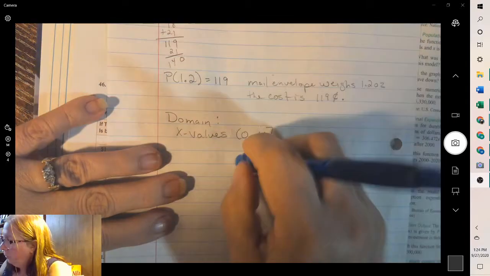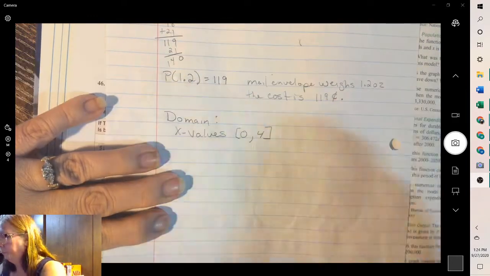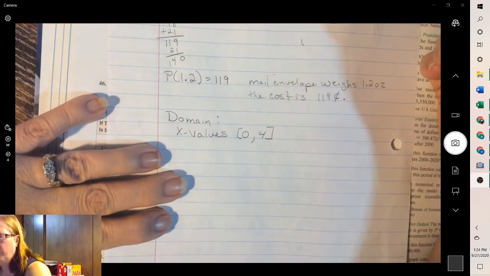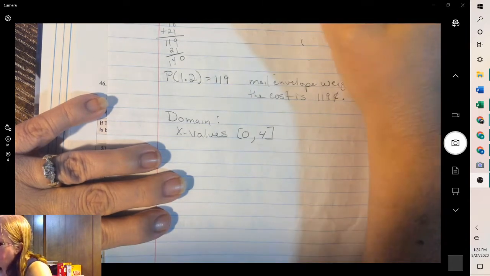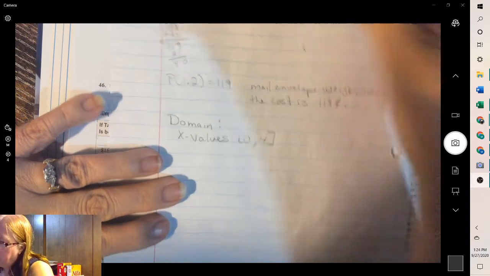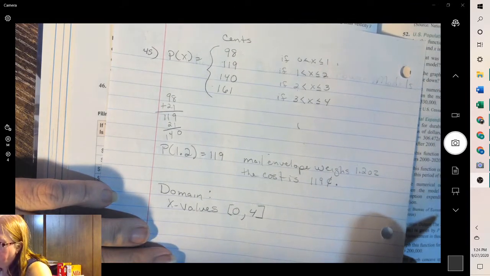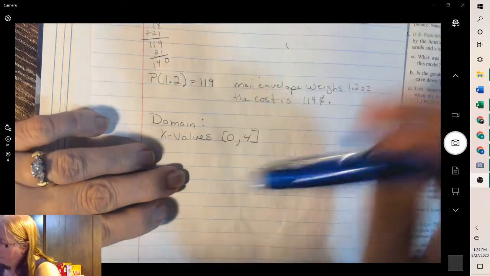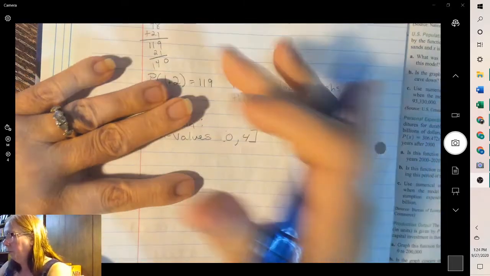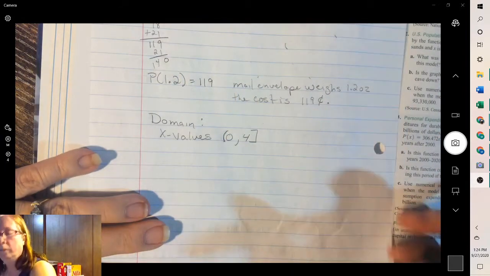Oops. And it's including the endpoint, so you would have square brackets. Well, it wouldn't make sense to have postage that's 0. So they probably wouldn't include the 0. Let's see how they wrote it. A fraction of an ounce up to an ounce. So it would not be including the 0, but it is including the 4.